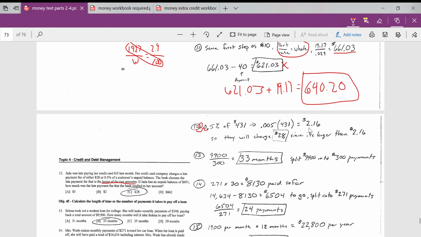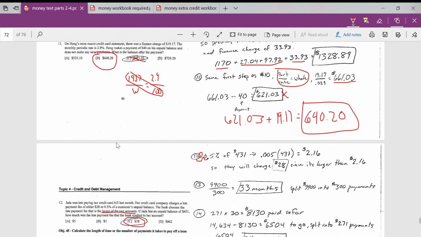So because the bank chooses the larger amount, they're going to use the $28 late fee. Okay. Now the reason the bank does this is if this person had a huge credit card bill, maybe like $8,000, $9,000, then it would be over $28 and they would charge that amount.